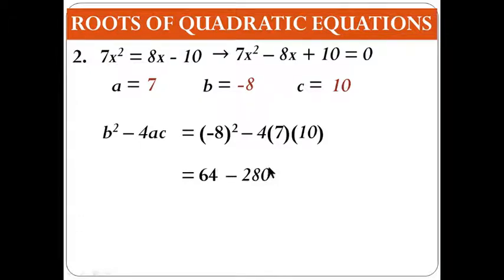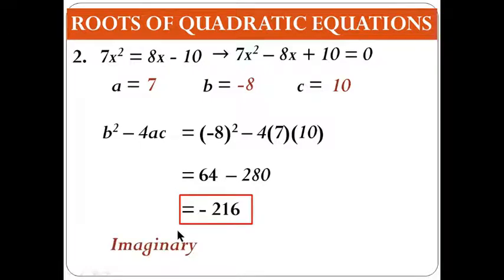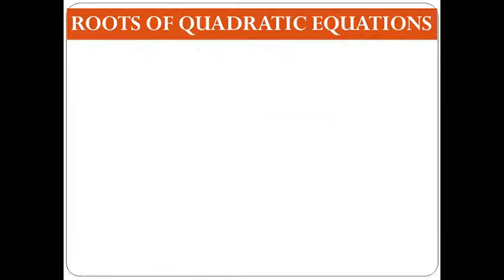So minus 280. Get the difference. So the difference is negative 216. So as you can see, yung ating discriminant ay naka-negative. Ibig sabihin, yung discriminant ay less than 0. Therefore, ang kanyang nature of roots ay imaginary.